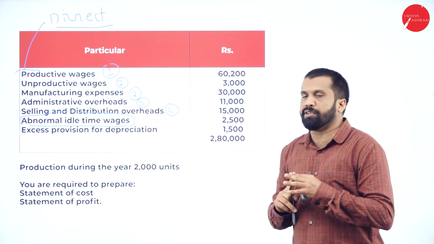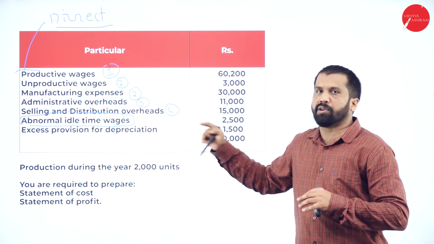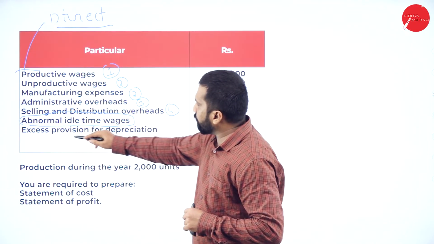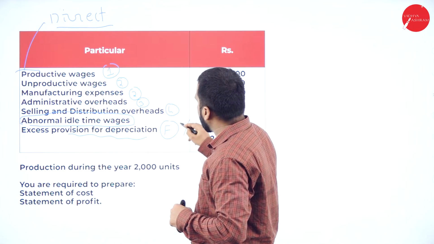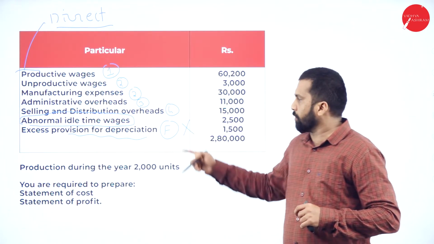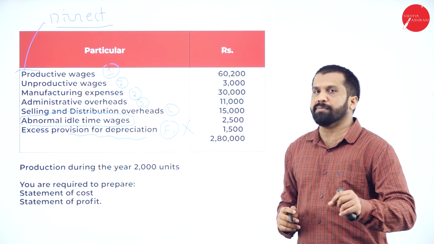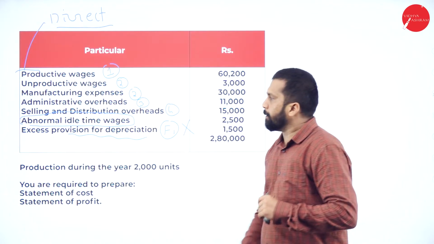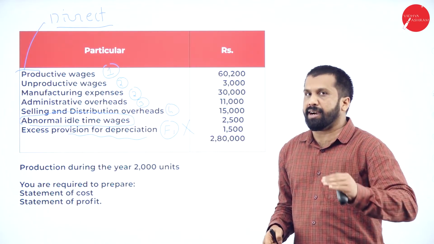That's why we will not consider them in cost accounting. Similarly, the provision for depreciation is also financial, not factory, so we will not consider it. This abnormal idle time wages, I'll explain while doing the answer.